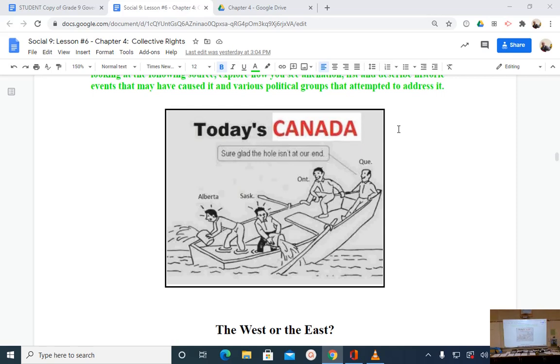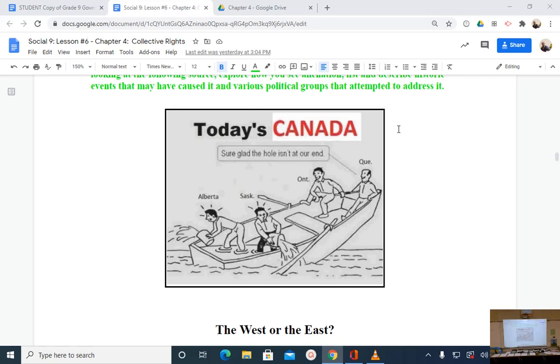If you were one of those 4 people, which one would you rather be? Maybe Ontario or Quebec because they're dry and they're not bailing water. So Alberta and Saskatchewan are bearing the difficulty of dealing with the problems of Canada.